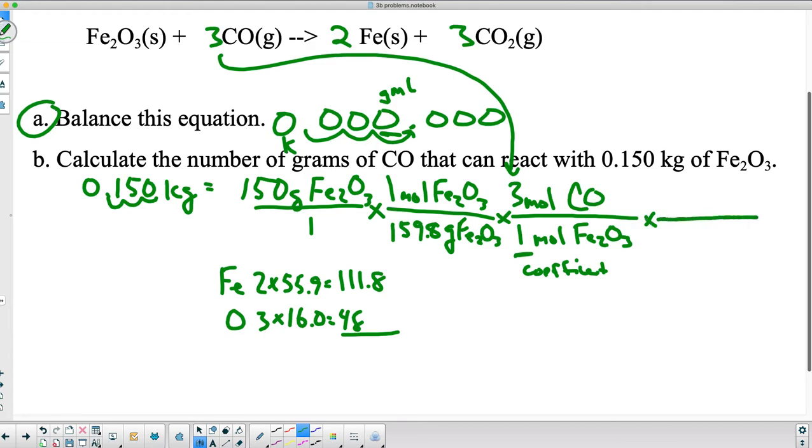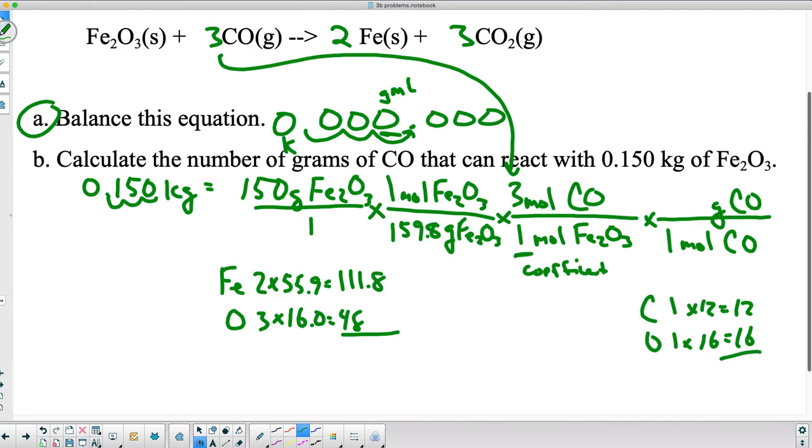Now my last step is to do 1 mole of CO on the bottom, so I get number of grams of CO on top. So C and O, 1 and 1 times 12 is 12 times 16 is 16. That looks like it's 28 grams per mole. Okay, so now I'm going to get an answer down here.